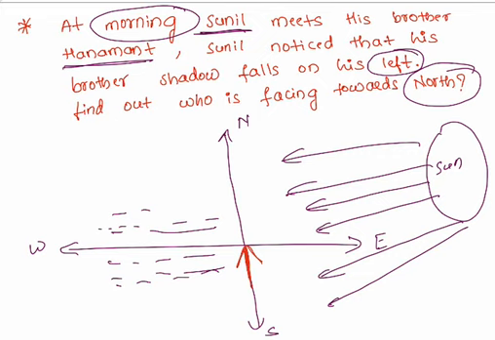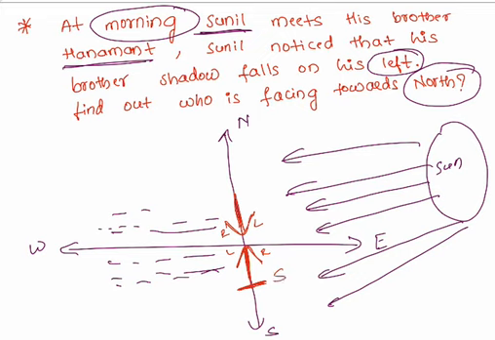This is the right and this is the left of Sunil. His brother is facing in the opposite direction because they are talking to each other. This is the north direction, this is the south direction, this is left and this is right. For example, this is Sunil.